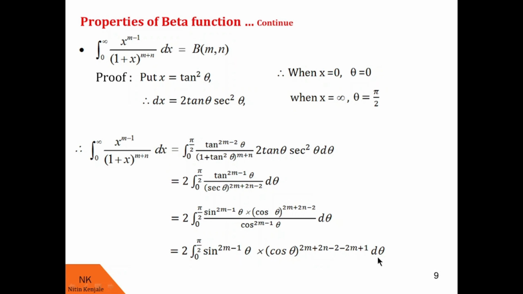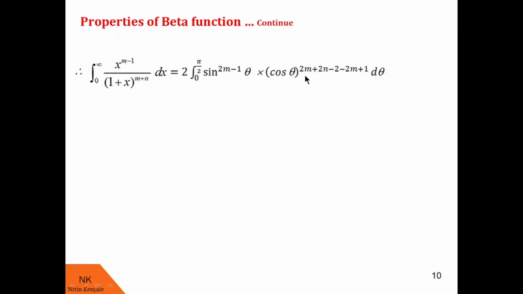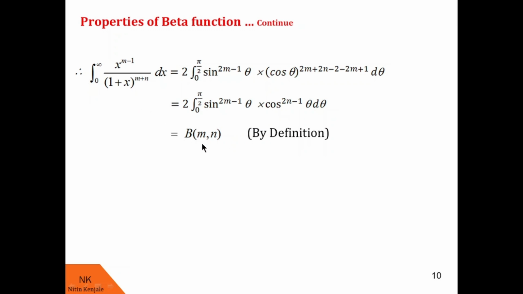Let us carry forward this statement. Now here this 2m and minus 2m will get cancelled. Minus 2 plus 1 will become minus 1. So this cosine will have degree 2n minus 1. Now observe this RHS part. It is nothing but second form of beta function. So we write this as beta of m comma n. Hence this property is proved. I hope you understood this proof.